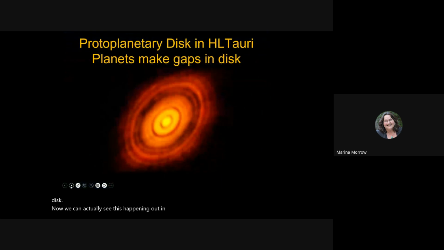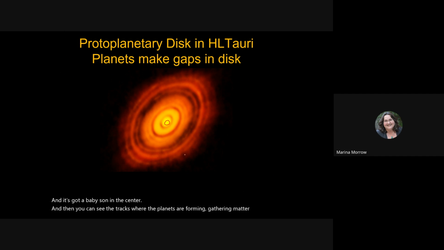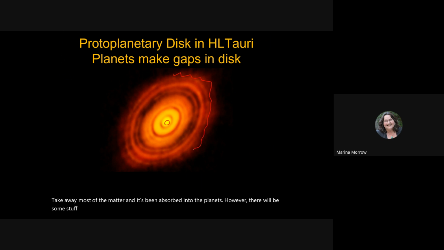So here's a picture of a protoplanetary disk, and it's got a baby sun in the center. And then you can see the tracks where the planets are forming, gathering matter. And so they're going to get bigger and bigger until they take away most of the matter and it's been absorbed into the planets. However, there will be some stuff left over on the outside that doesn't get absorbed.